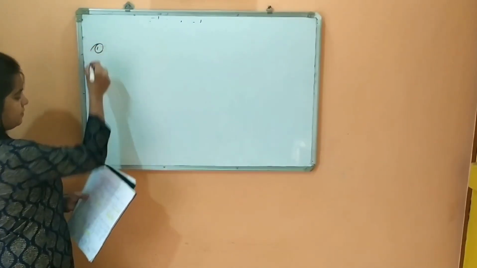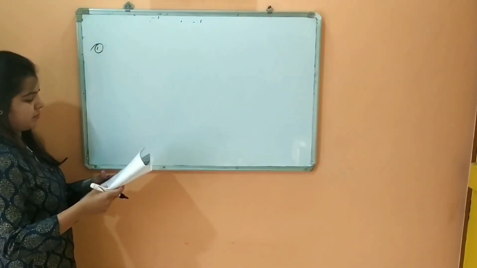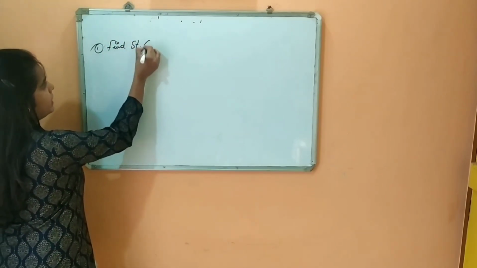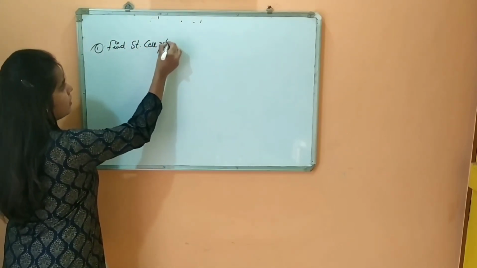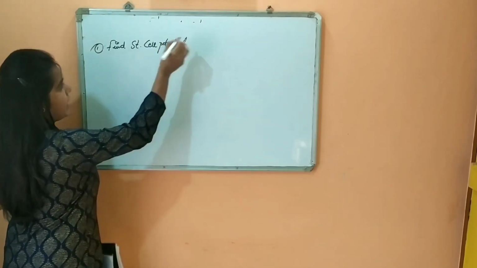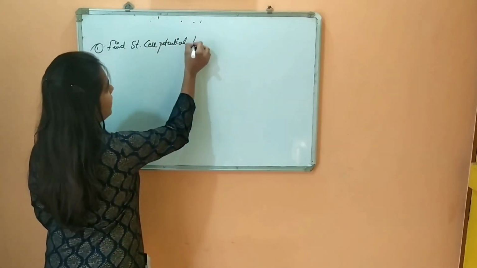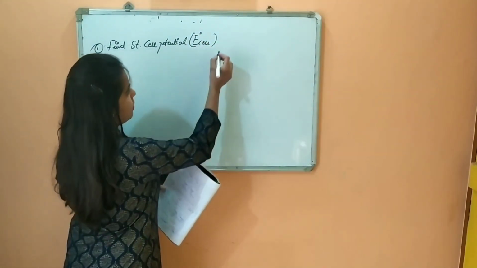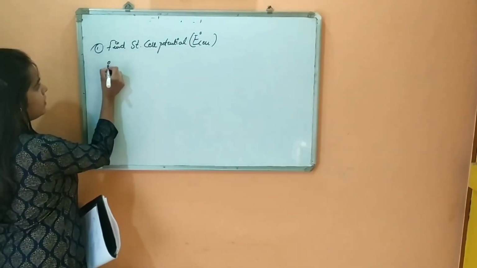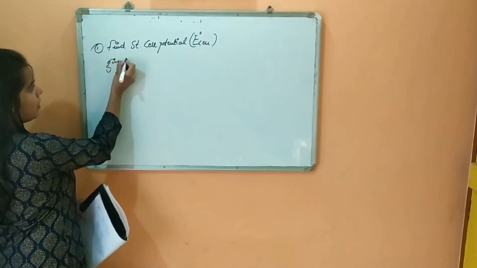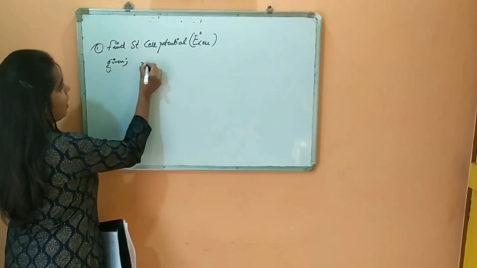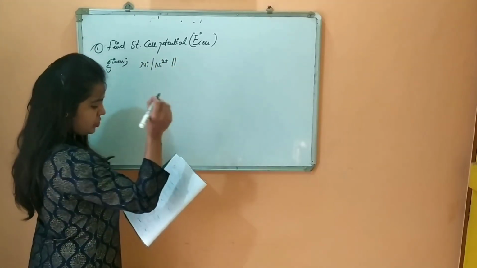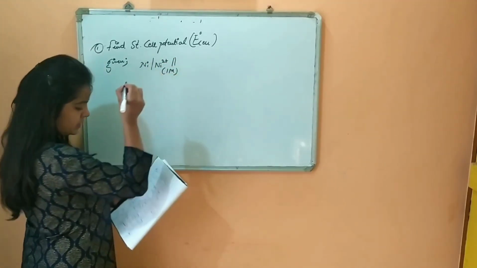First numerical. Find the standard cell potential, that is E naught of cell, EMF of the cell, given Ni to Ni2 plus, salt bridge. This is having 1 molar concentration.